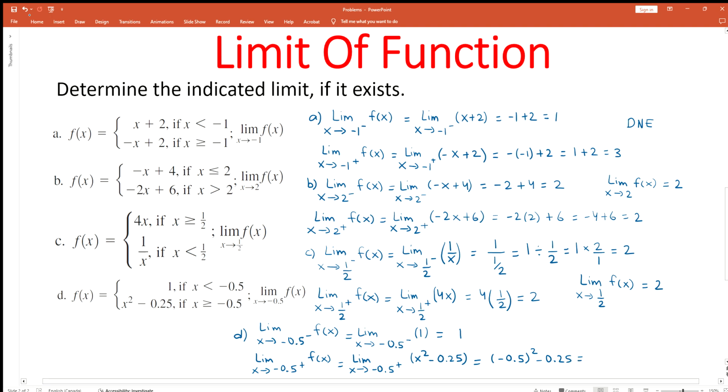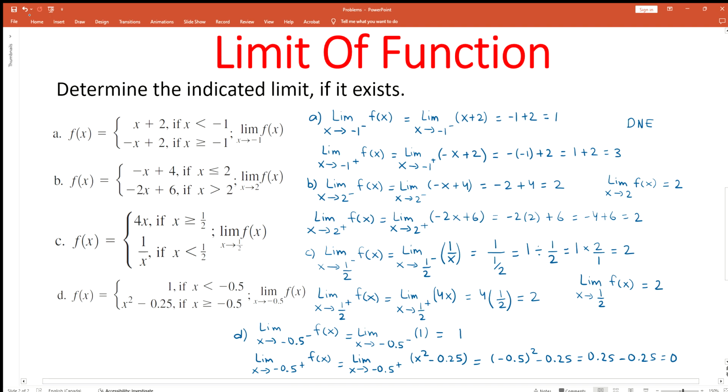Negative 0.5 squared is equal to positive 0.25. I get 0. Therefore, the right-hand limit is equal to 0.